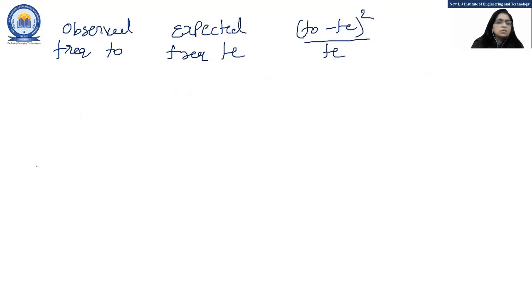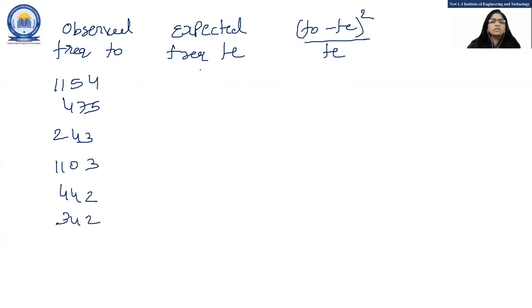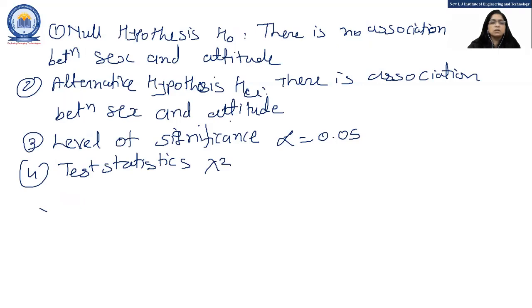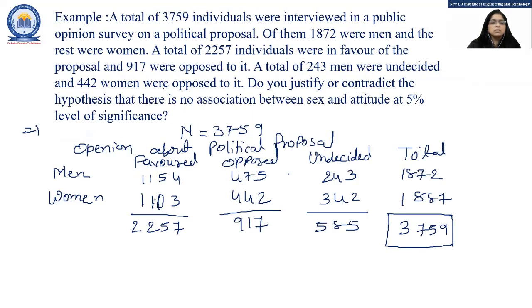So our observed frequency is 1154, 475, 243, 1103, 442, and 342. This is from the table. For the expected frequency, students, we have to go here, and see, for this one, we are calculating now for 1154, right?